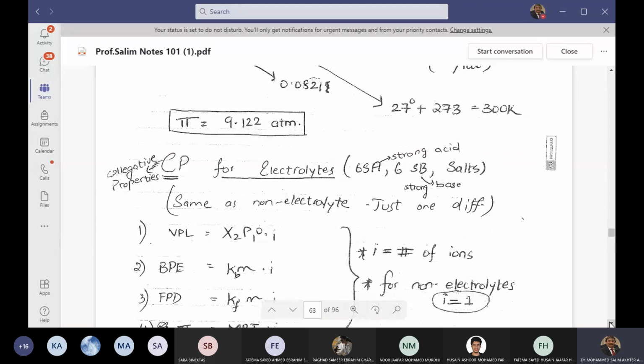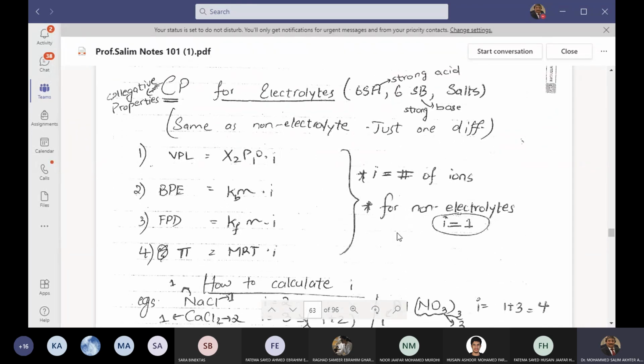After that, I gave you 4 equations. In these 4 equations, before, I used the 4 colligative properties without i. Without i means I did it for non-electrolytes. So in non-electrolytes, I don't use i, but for electrolytes, I use i.